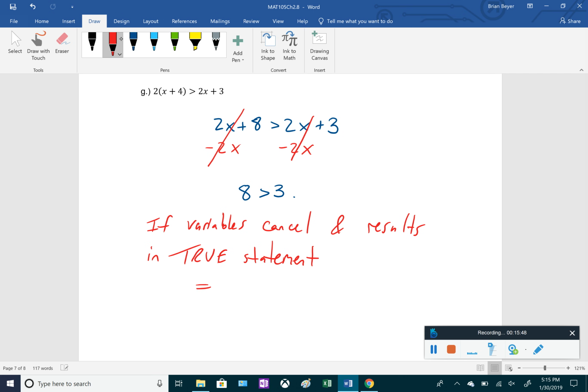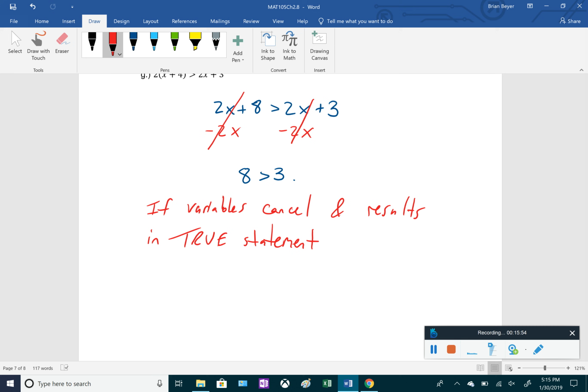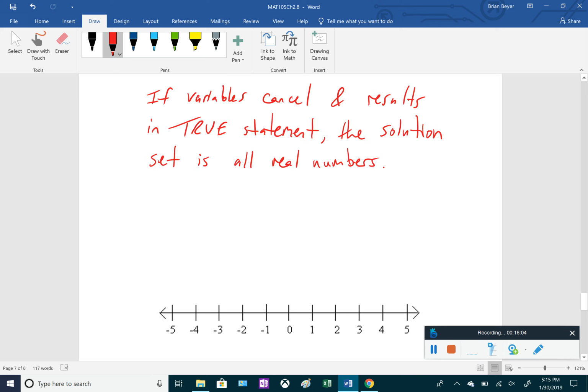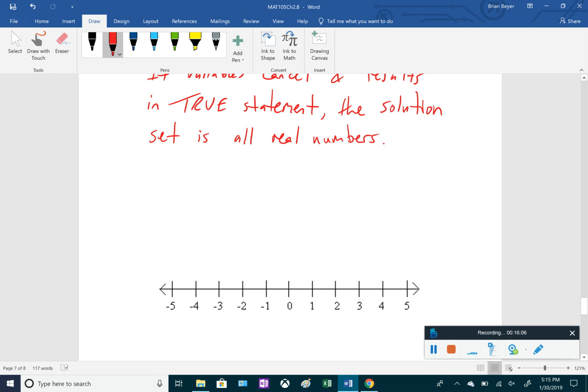So that means there will be infinitely many solutions. I'll write this as the solution set is all real numbers. So it's going to be all real numbers, meaning it's going to be everything. So it's going to be from negative infinity to positive infinity.